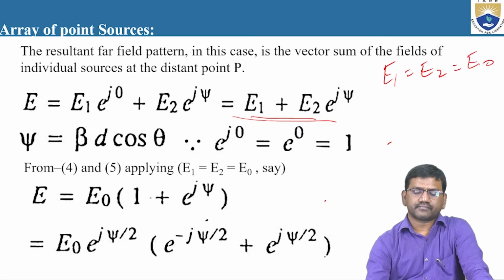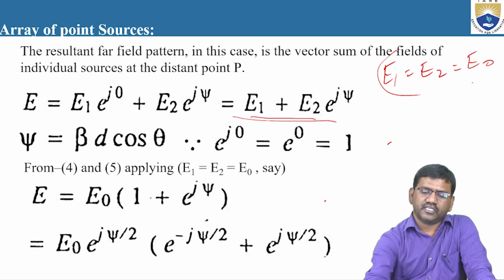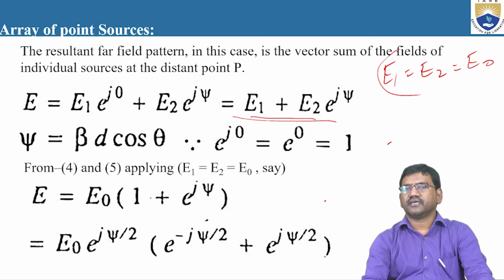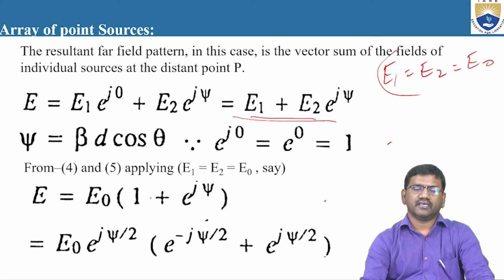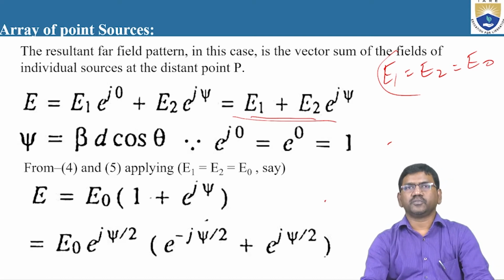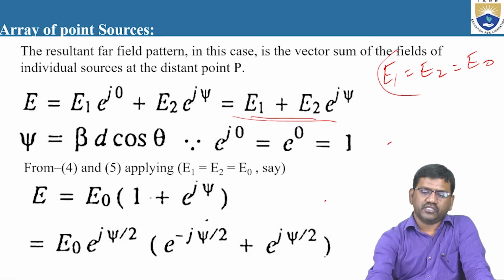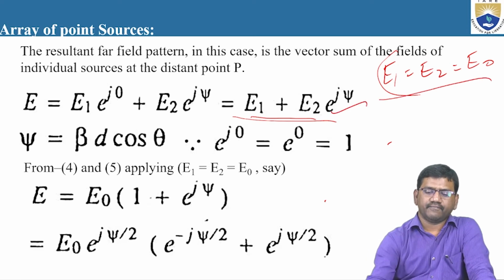Here we are going to derive the equation considering 2 point sources with equal amplitude and the same phase. The only change is that we are going to shift the point source to the origin.